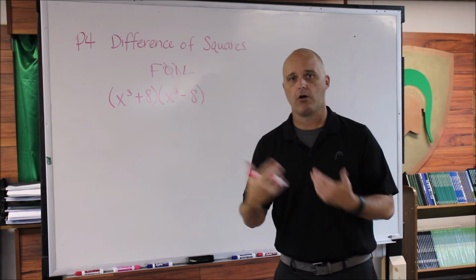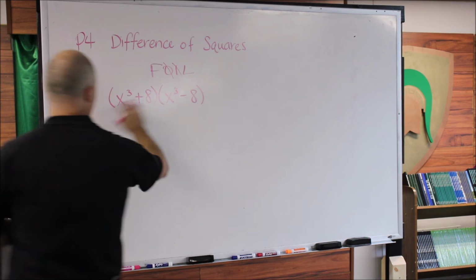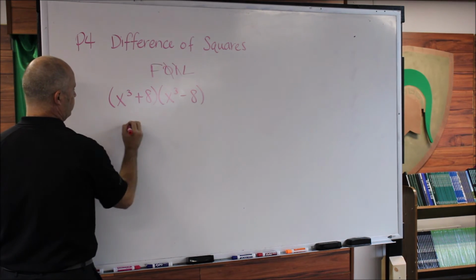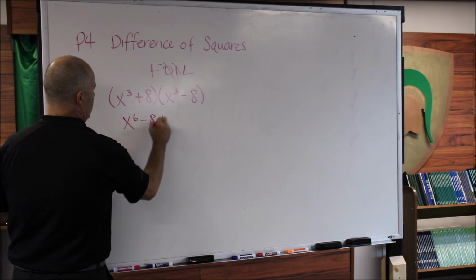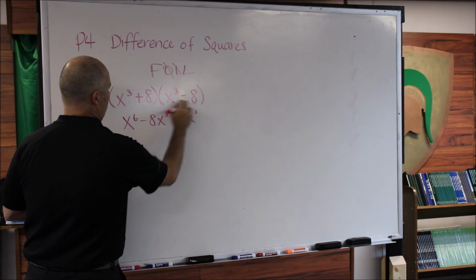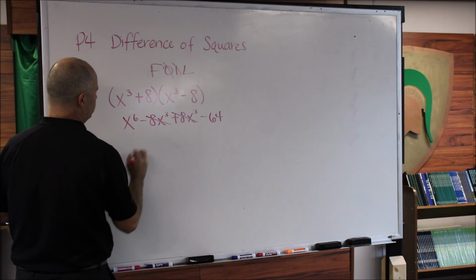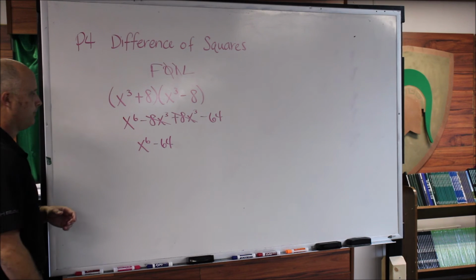So I'm going to show you the long way first, and then I'll show you the shortcut. If we do FOIL on x cubed plus 8 times x cubed minus 8, you're going to get x to the 6th, and then minus 8x cubed plus 8x cubed, and then minus 64. So these two are going to cancel, and you're left with x to the 6th minus 64.